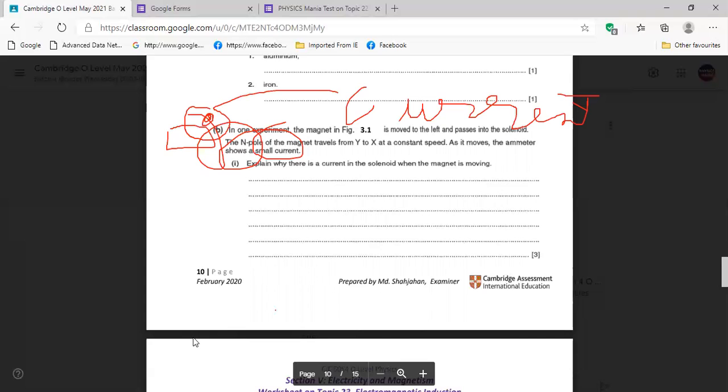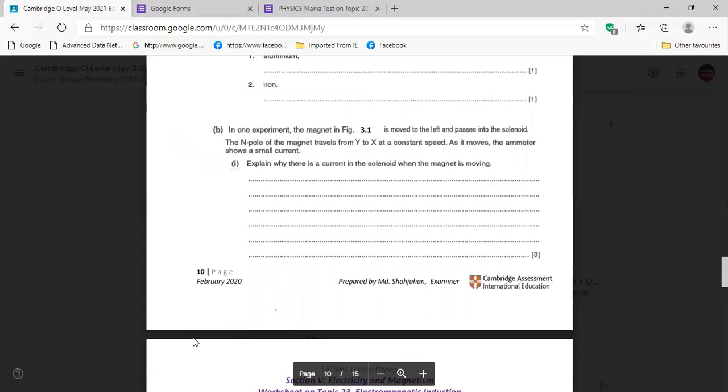So before that, you say that when the magnet moves, then magnetic field lines are cut by the solenoid. Yes, sir. Therefore, induced EMF is produced. Okay, that's it.